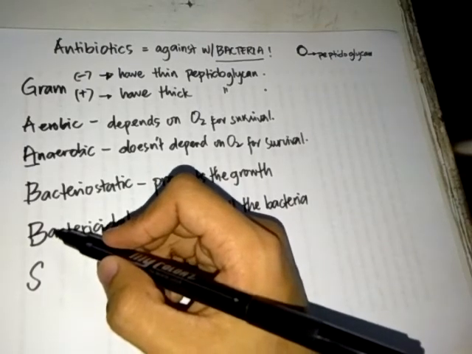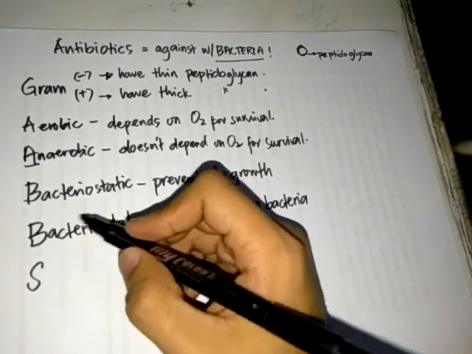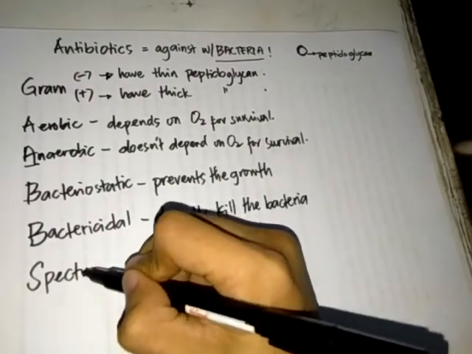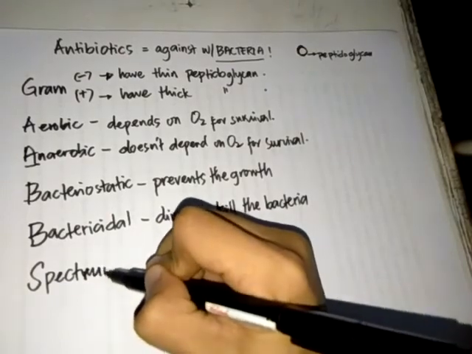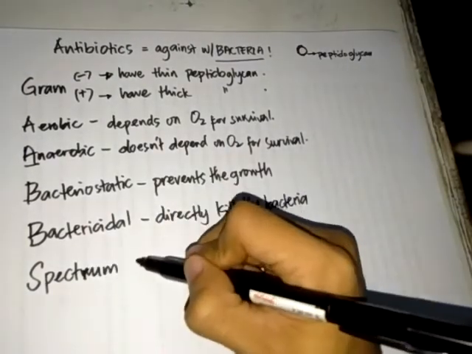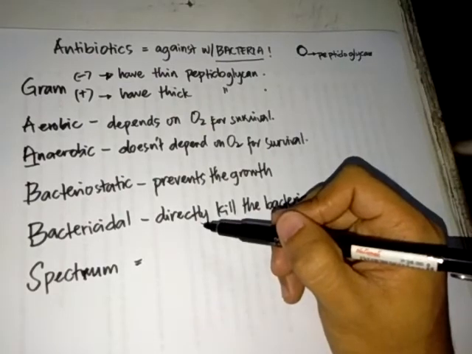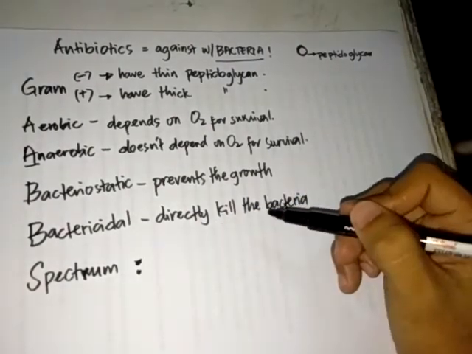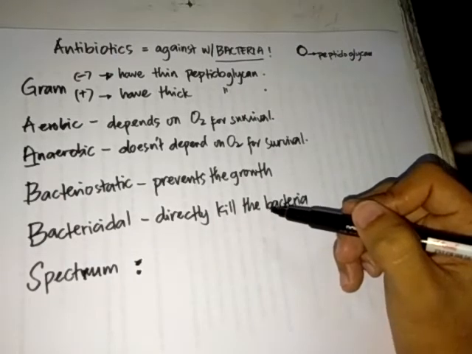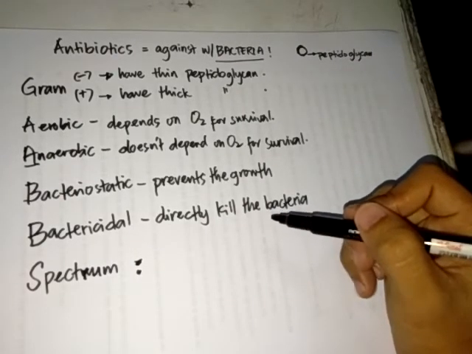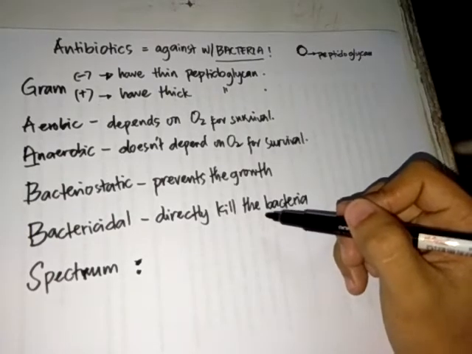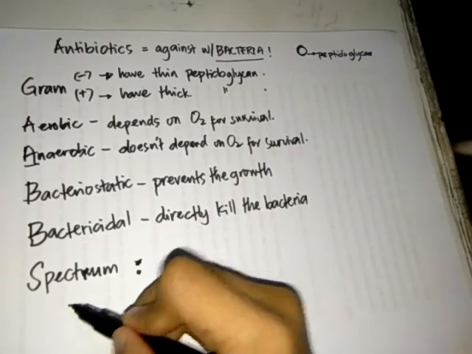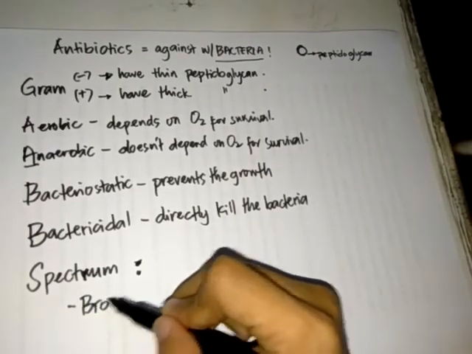Next S is your spectrum. Ano ibig sabihin ng spectrum, by the way? Okay. Spectrum, actually, this is your coverage, no? Kasi yung antibiotic may coverage yun eh kung ano ang kaya niyang mga patayin ng mga klaseng mga bacteria. Actually, there are two types. First is your broad spectrum.